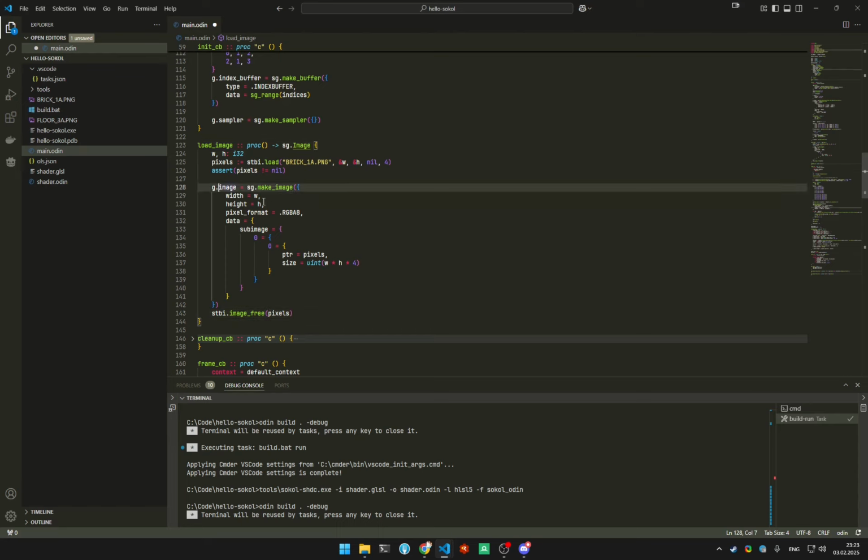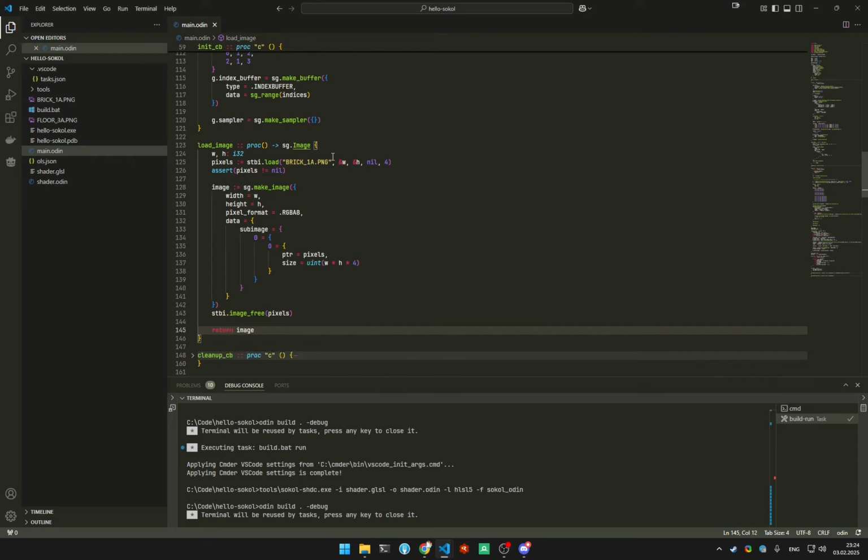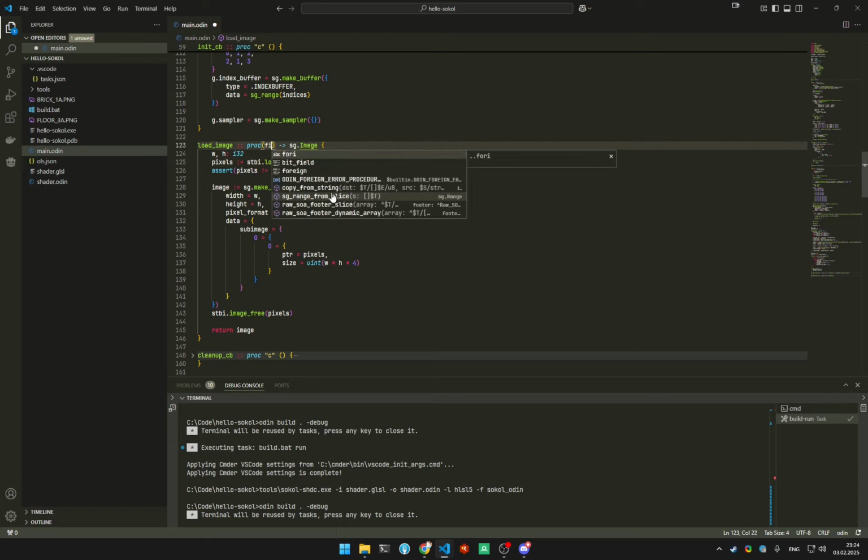And this is not the image itself, but a local variable of image that, after successful upload, we will just return. So what it needs is a file name, which is a C string.